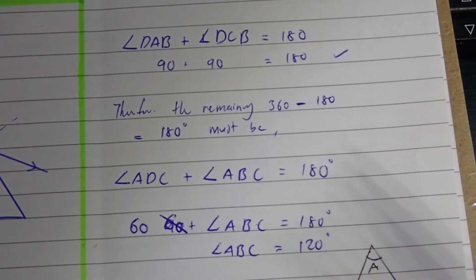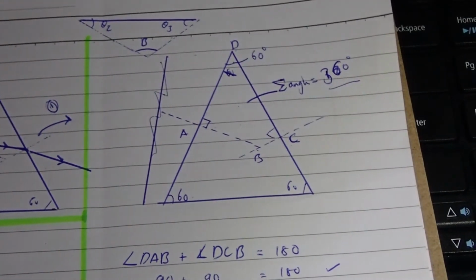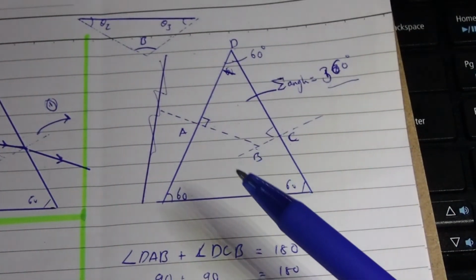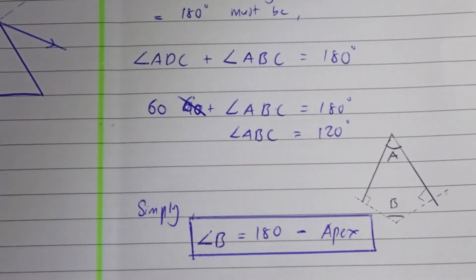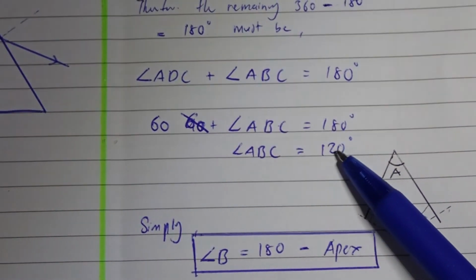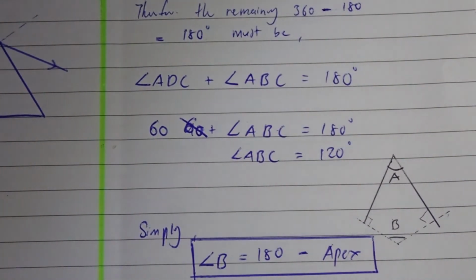Therefore, as we all know, the apex angle is 60 degree. When we subtract 60 degree from 180 degree, we will get the angle B, which is 120 degree. So this is the first way.